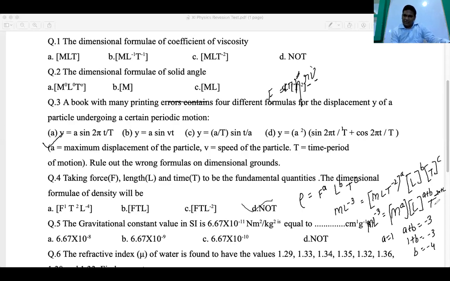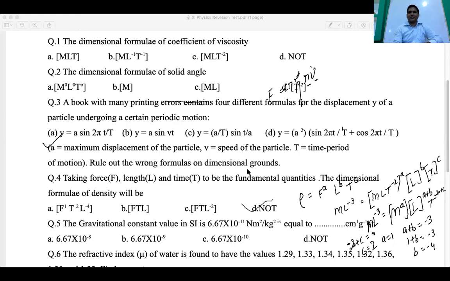Now for T, minus 2A plus C should equal 0. Put A equals 1, so C is going to be equal to 2. So you can see here, it is F to the power 1, L to the power minus 4, and T to the power 2.